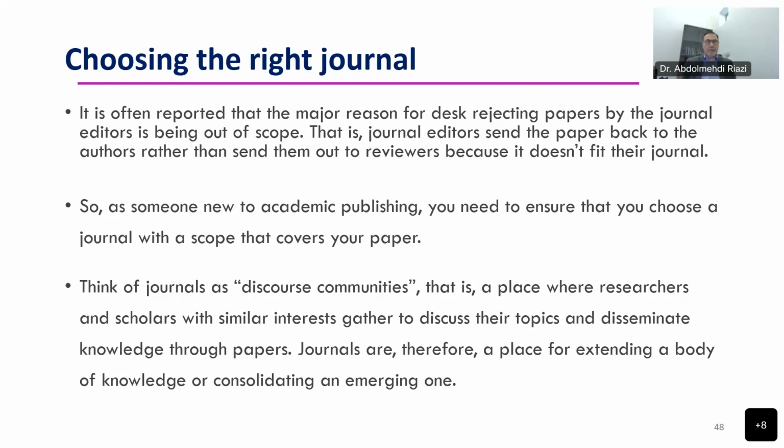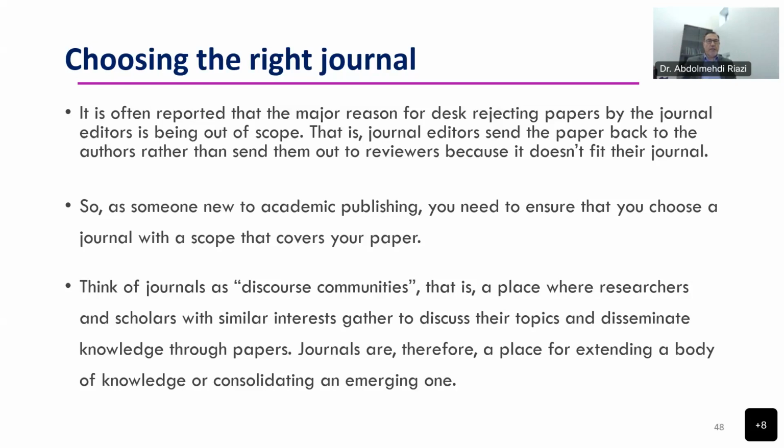This implies that we need to read the guide to contributors very carefully. Also, journals usually have aims and scope on their site, and therefore we should check if they are right for the manuscript that we are going to send.